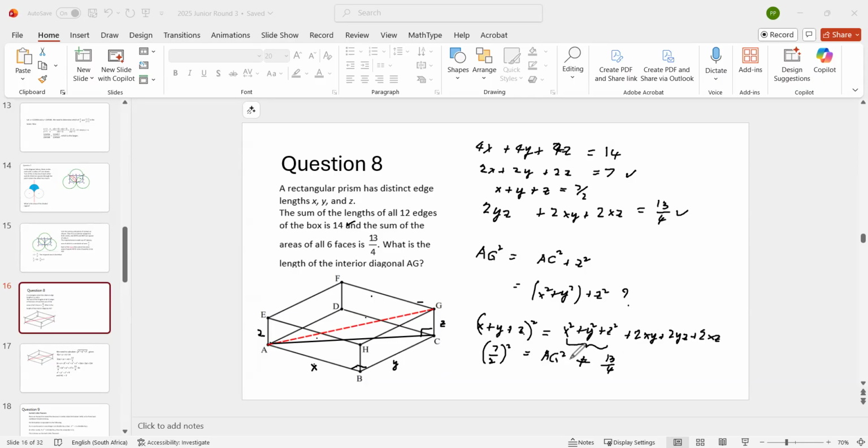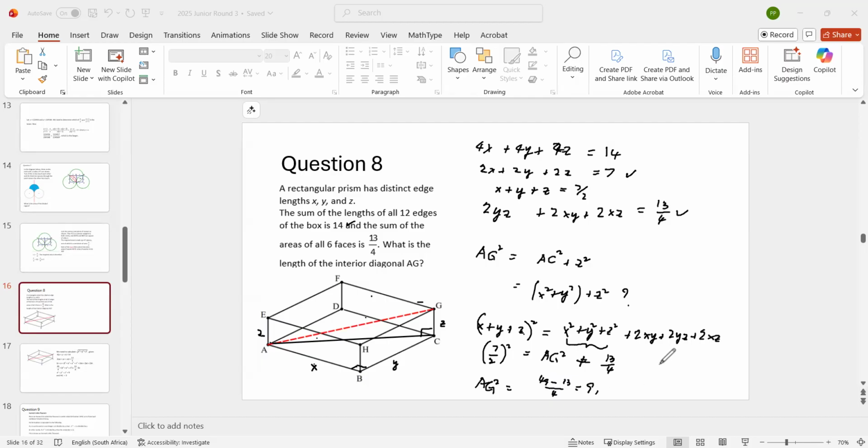Okay, so now you've got just one unknown, namely AG squared. That is 49 over 4 minus 13 over 4, bring it to the other side, and that's 36 over 4, which gives you 9.